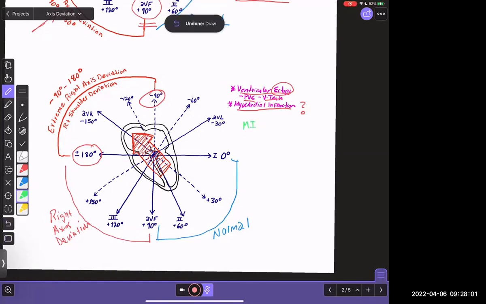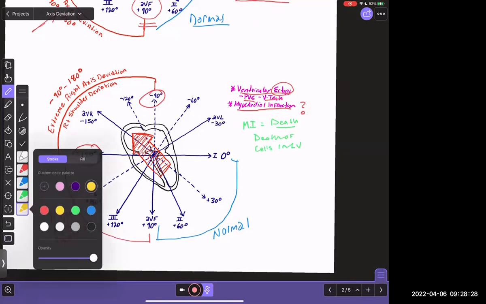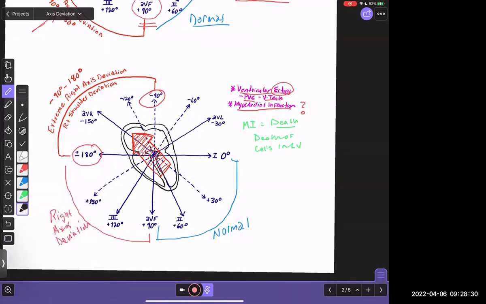Okay. So if you have someone who's had a left-sided myocardial infarction, think about it, those cells are dying off. And as those cells die off, they propagate less and less force. As you lose more cells, their ability to propagate an electrical impulse is also reduced. And if you have a reduction of forces in the left side of the heart, what does that do?